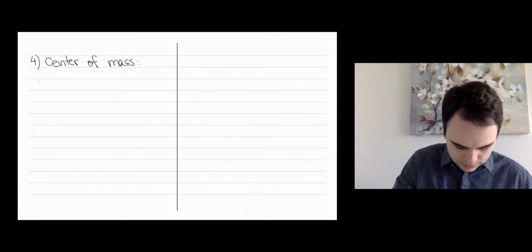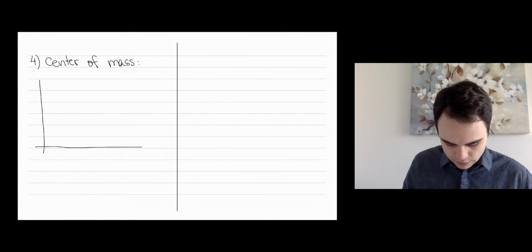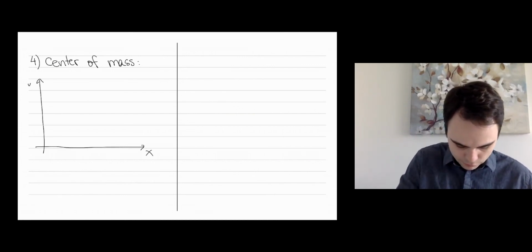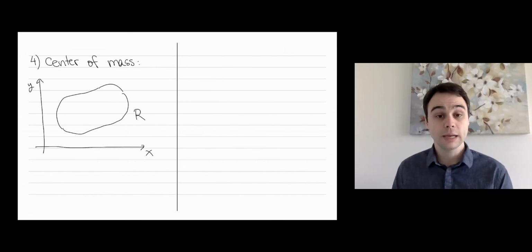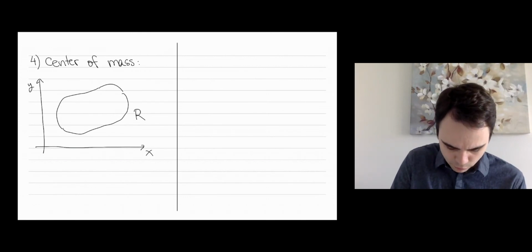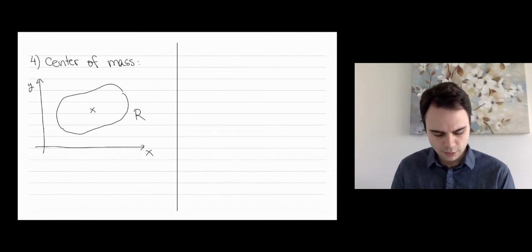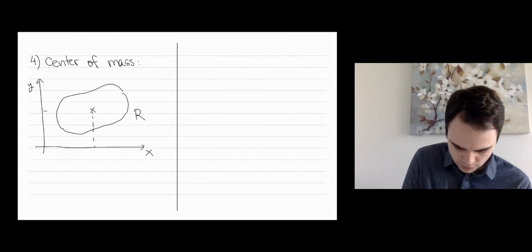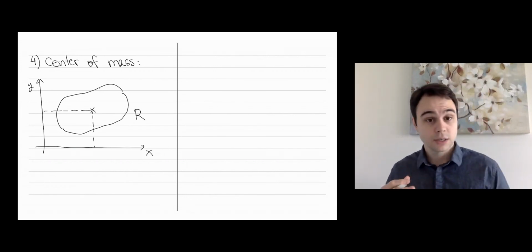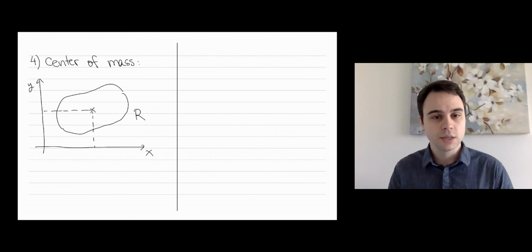So let's say I have a region R in the xy plane. The center of mass will be a point in the plane that for some purposes is the position I wish to use.